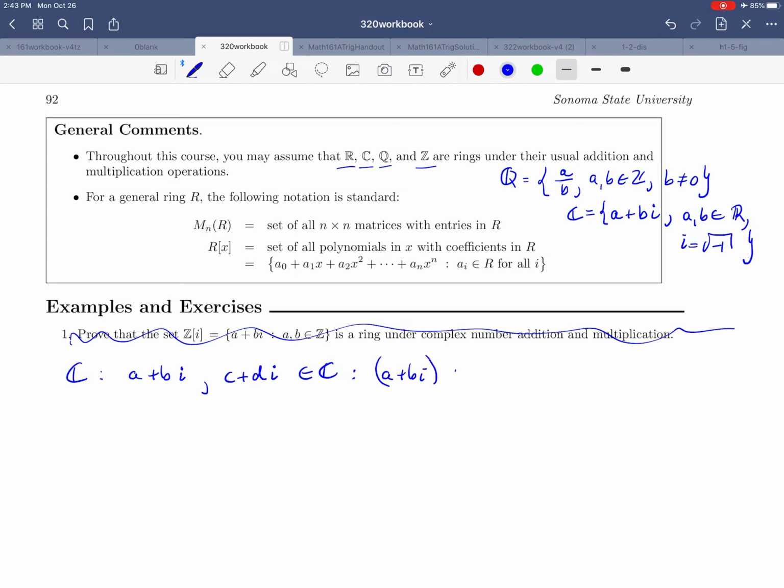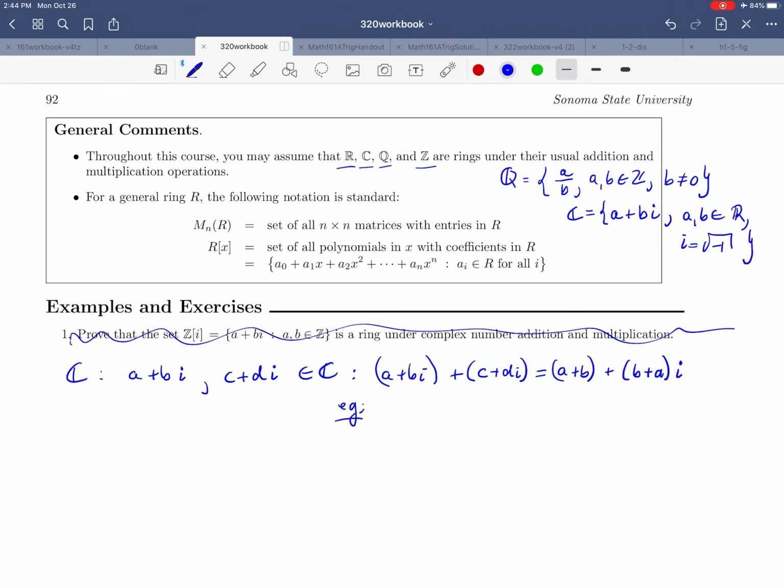Well, a plus bi plus c plus di is equal to, we are doing this component-wise, so we are adding the real parts, a plus c, and we are adding the imaginary parts, so that's b plus d, times i.